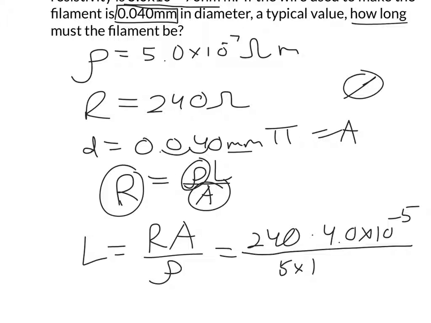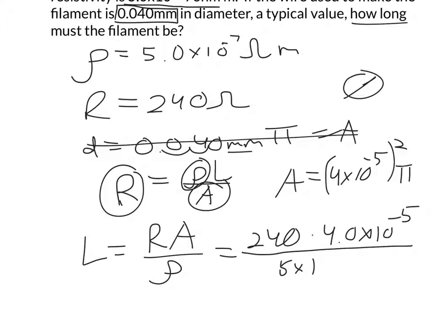So let's go back to this. The area is going to be equal to 4 times 10 to the minus 5 squared times pi. Okay. All right, and we go back down here. 5 times 10 to the minus 7.